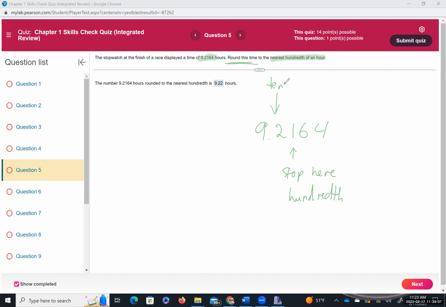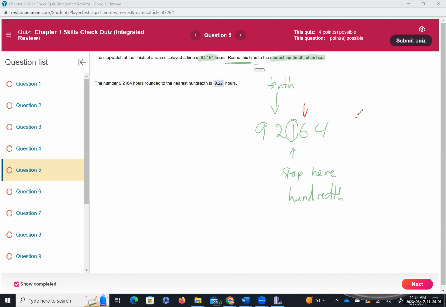So tenth. Keep in mind that when you stop at the hundredth here, you will have to look at the one after it. So the digit after it is 6.